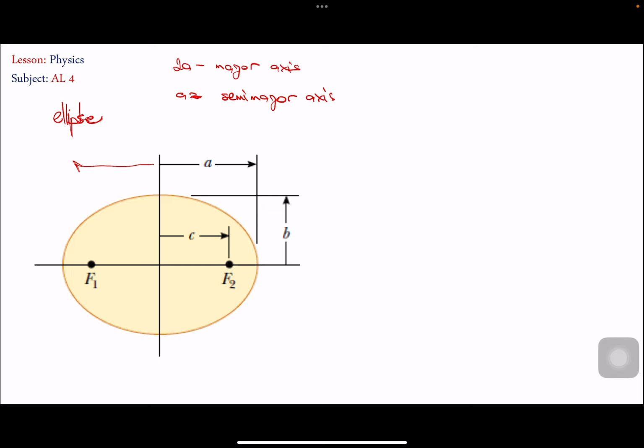And the shortest dimension here, that is 2b, is called the minor axis. So b is called the semi-minor axis. The points shown here, F1 and F2, are called focal points.